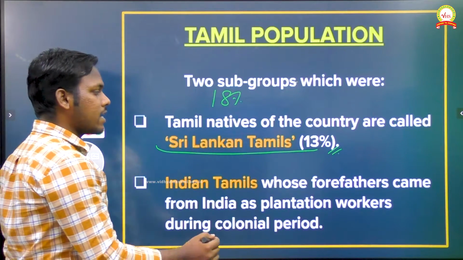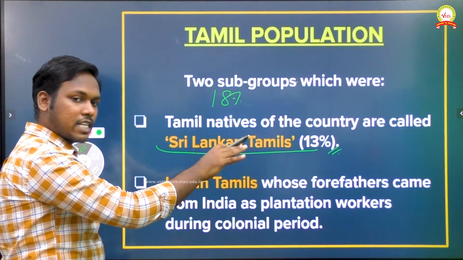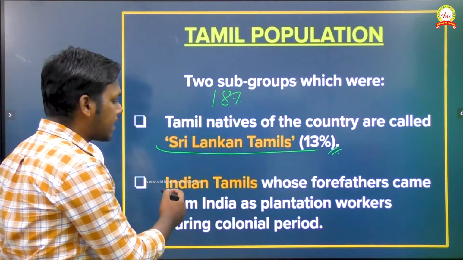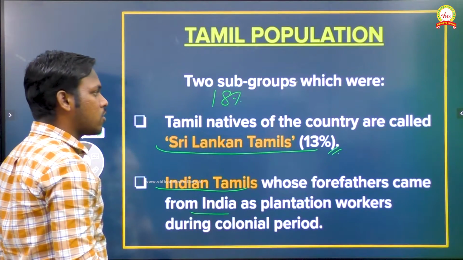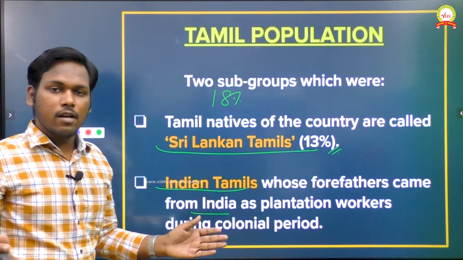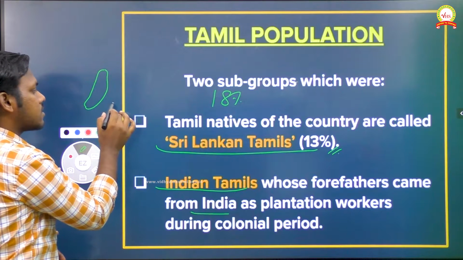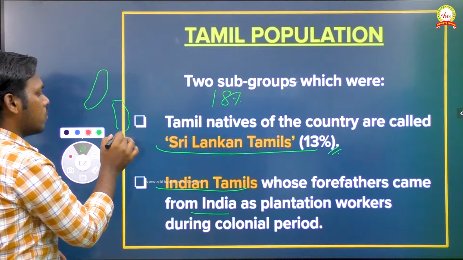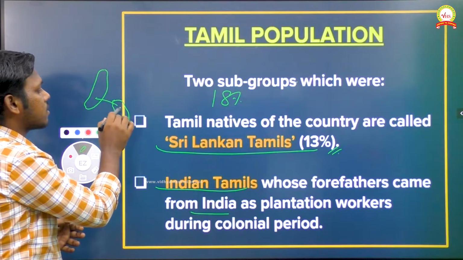In that, 13% are Sri Lankan Tamils, the natives of Sri Lanka, and Indian Tamils are those whose forefathers came from India. India is a socially diversified country, and in that, a state called Tamil Nadu is there. Sri Lanka is also very near to Tamil Nadu. So the forefathers had gone as plantation workers.